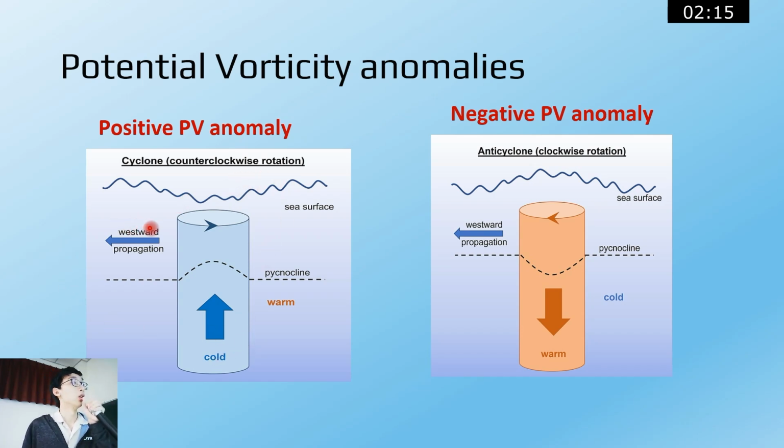We can use the right-hand rule: the four fingers point in the rotation direction, which is counterclockwise, and my thumb points in the PV direction, which is upward. We can set upward as positive, and downward as negative.